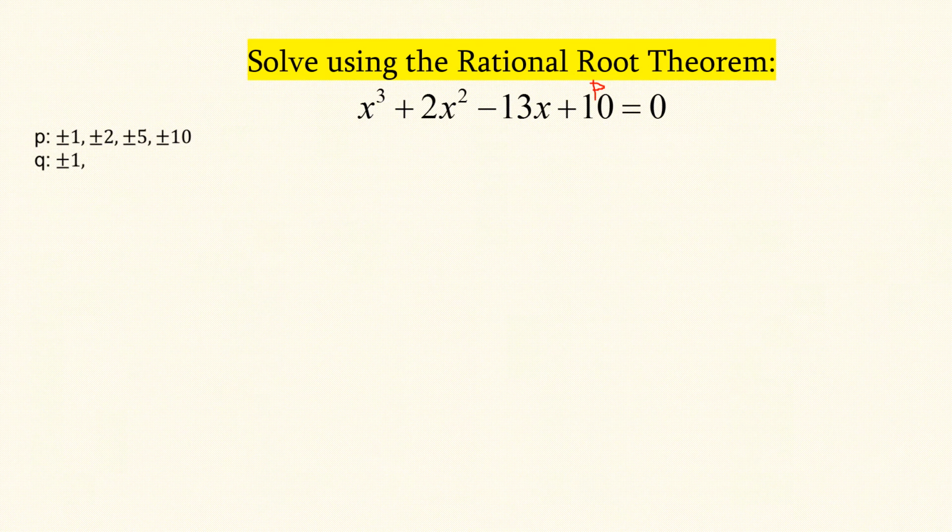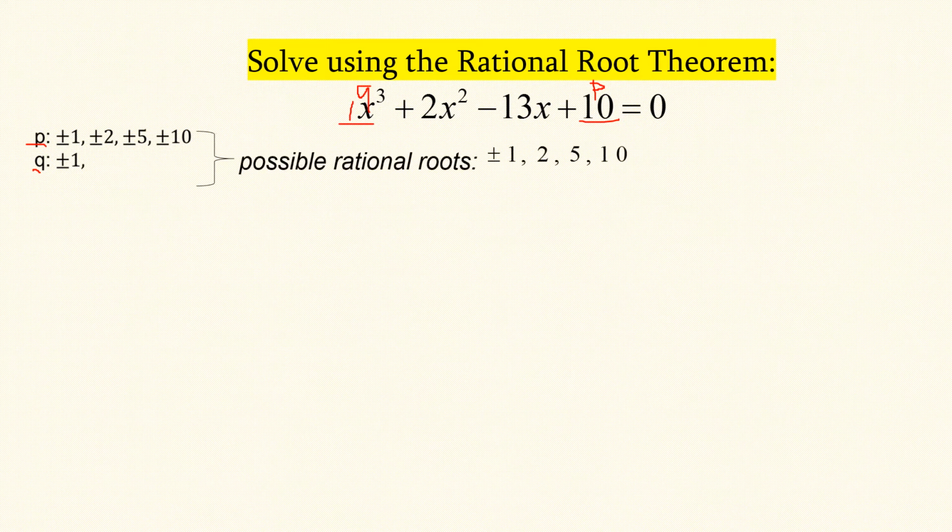And then yung ating Q ay yung ating leading coefficient, which is yung ating invisible 1 dyan. So, yung mga factors natin ay eto. So, yung P ay yung factors of 10. Then, yung Q ay yung factors ng ating 1.